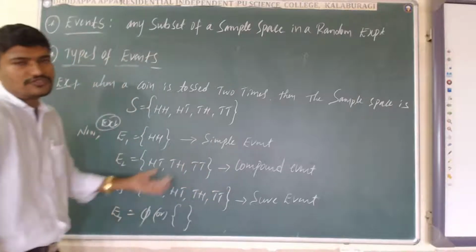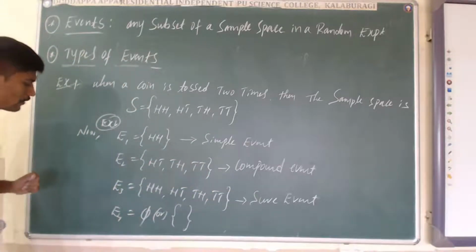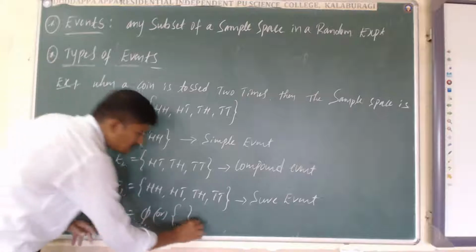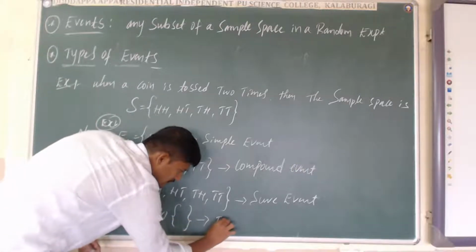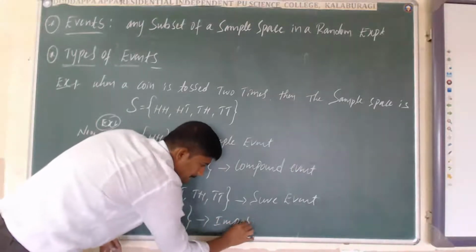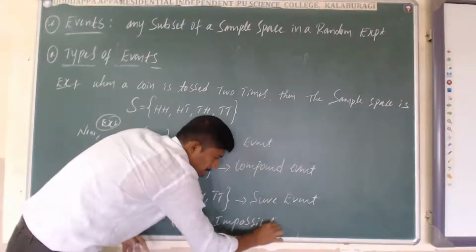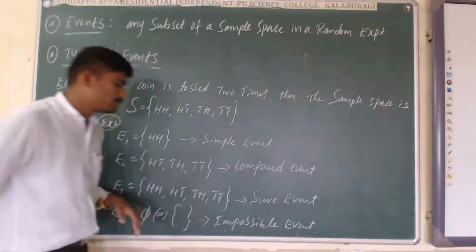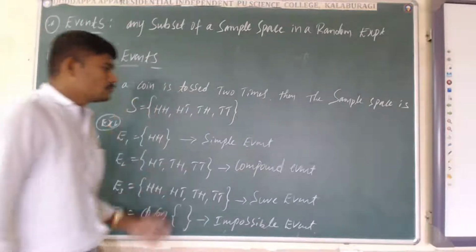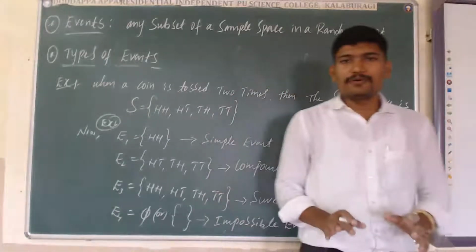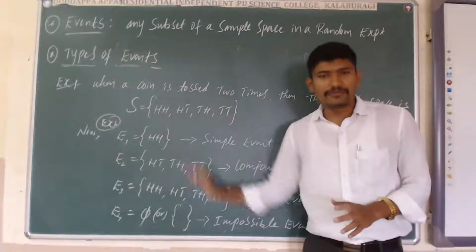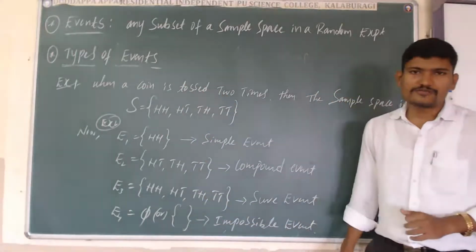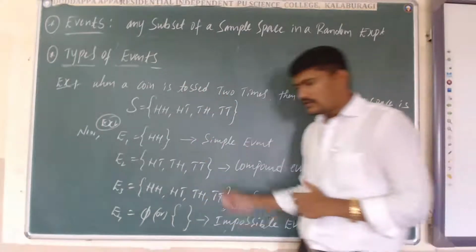Now the last one is the empty set. Can we say this is impossible? This is an impossible event. So these are the examples of types of events.